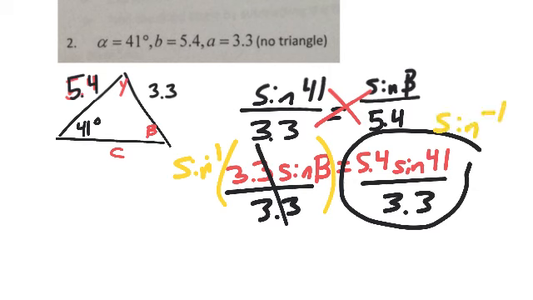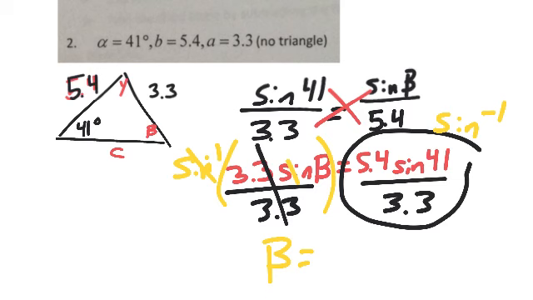So in my calculator, I'm going to put the inverse sine of, and then what I have circled there. So I have the inverse sine of 5.4 times sine of 41. And that's going to be divided by 3.3. Close my parentheses.